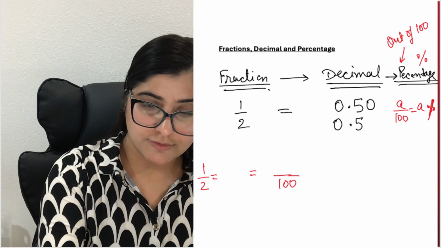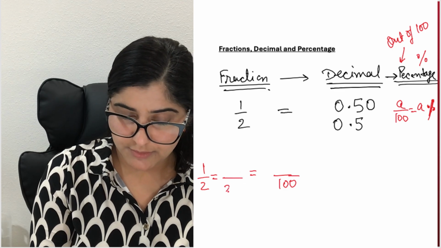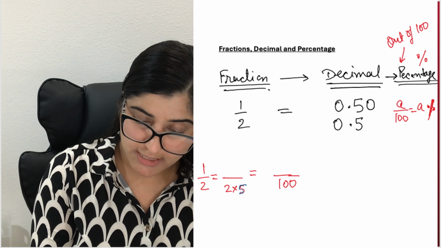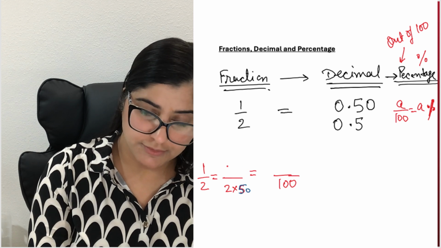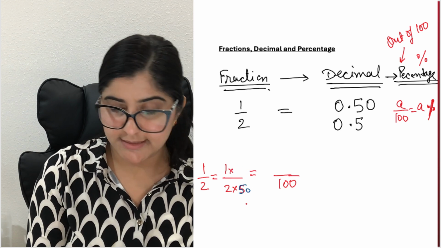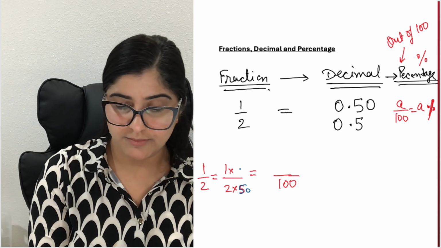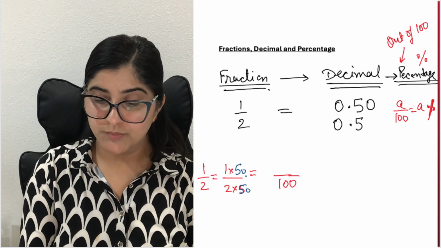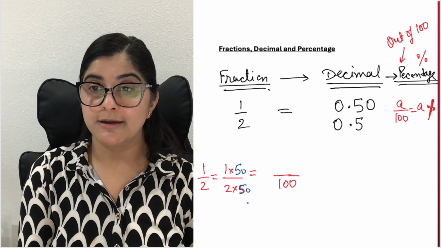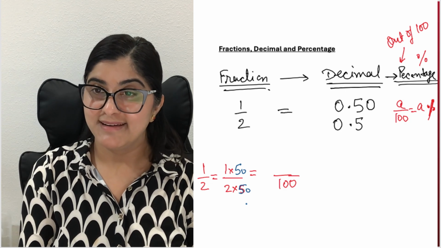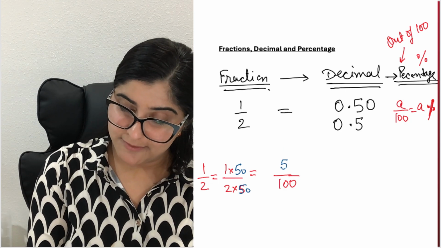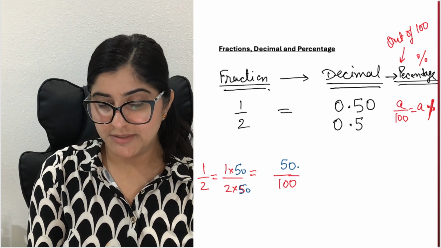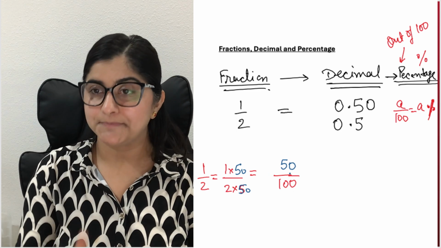What do I have to multiply 2 by so that I get 100? I have to multiply it by 50. Whatever I do to the denominator, I do the exact same thing to the numerator. Multiply the numerator also by 50, because we can multiply both the numerator and denominator by the same number. So we get 50 in the numerator and the denominator is 100. So 1 over 2 is the same as 50 over 100.